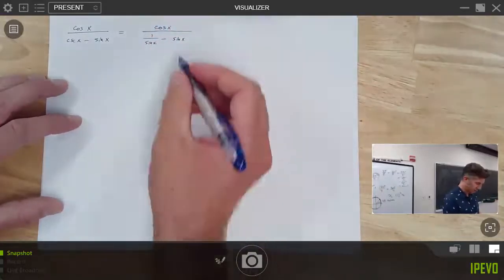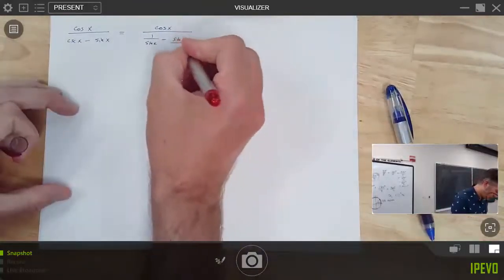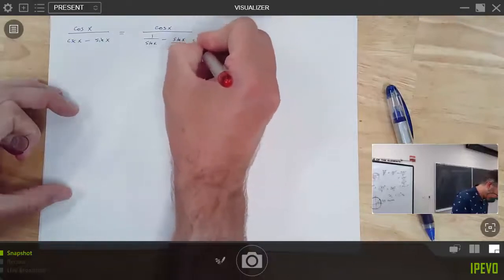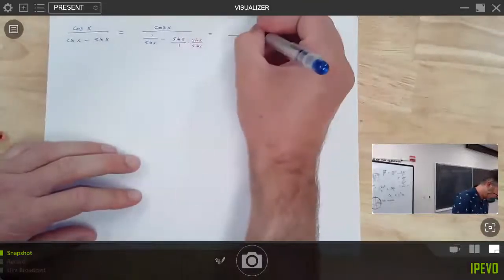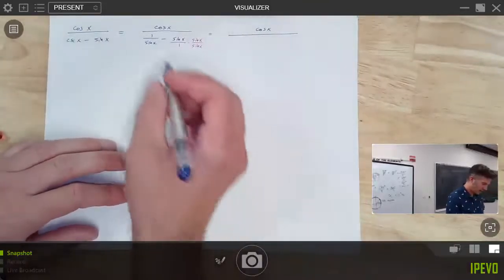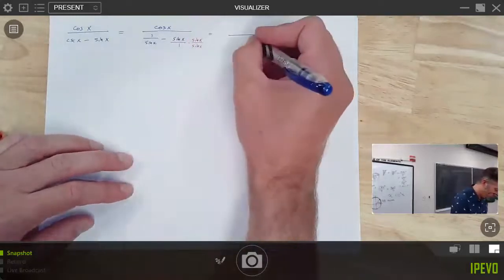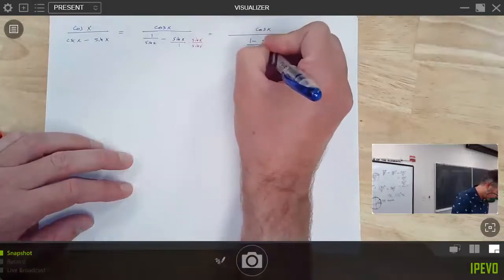And then I'm going to get a common denominator. I'm going to take the sine of x over 1 and multiply it by sine of x over sine of x. So then I'm going to get on top cosine x. On the bottom, I get 1 over sine, and I have sine squared over sine. So I have 1 minus sine squared x over sine of x.